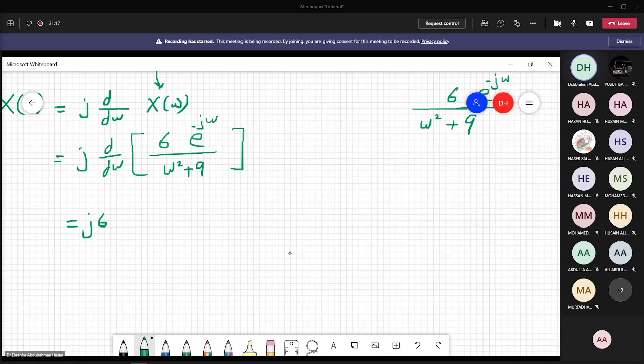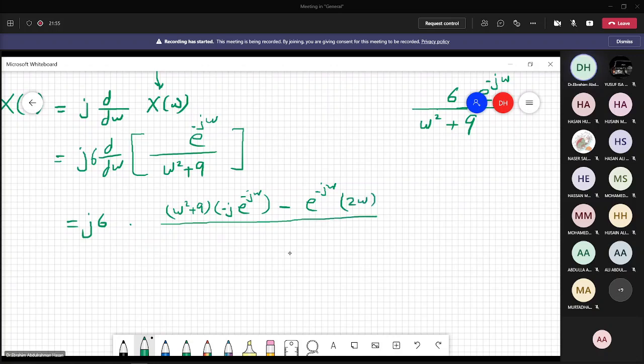I took the 6 outside. Okay, the derivative of this one is the denominator multiplied by the derivative of the numerator with respect to omega, which is multiplied by minus j e to the power of minus j omega, minus the numerator multiplied by the derivative of the denominator, which is 2 omega, divided by omega square plus 9 all square.